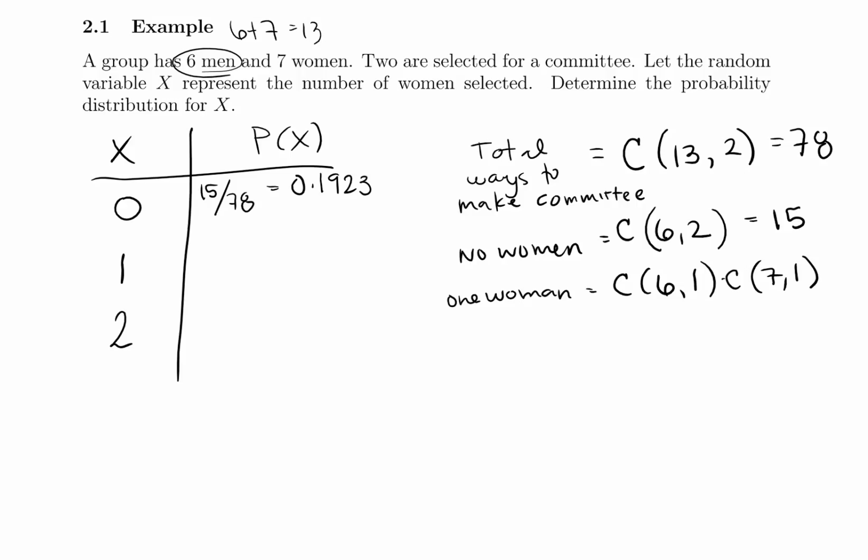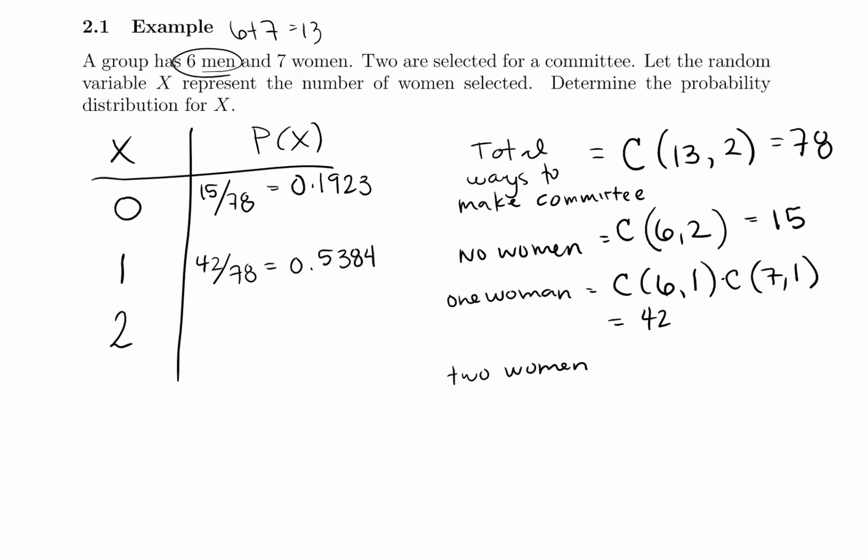And so we want to multiply these 2 together, and we end up with 6 times 7, which is 42. So our second probability: there are 42 ways that we could choose our committee with 1 woman out of 78 total. And you could leave it as a fraction or write it as a decimal, 0.5384.